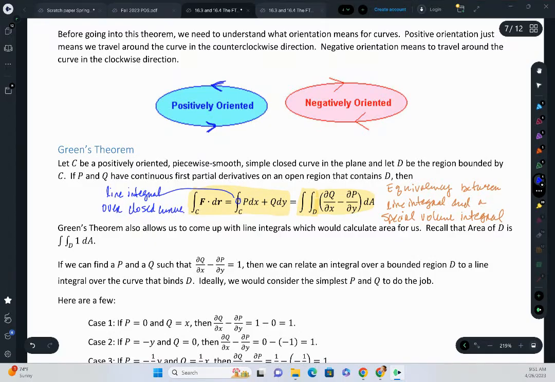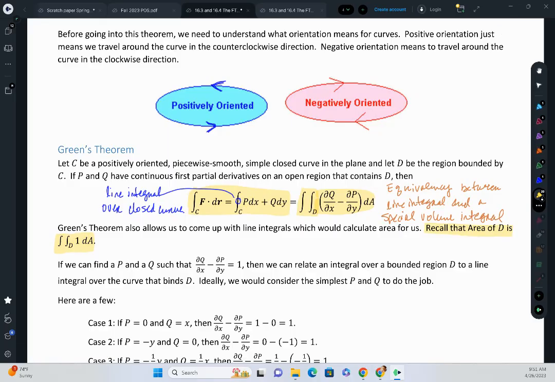Okay, now, I don't know if you recall or not, but if we have a double integral and the integrand is 1, then that's also the same as just calculating the area of the region D. And so that's what I'm having you recall right here: the area of D is also calculated with a double integral over D of 1 dA.